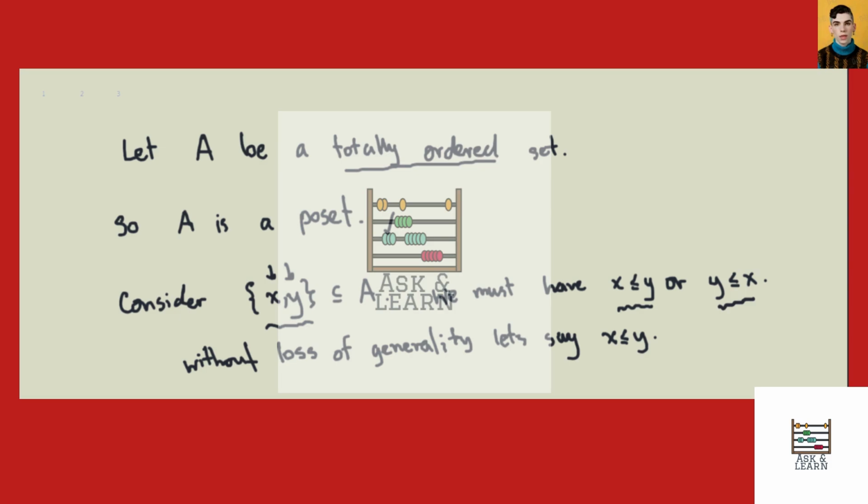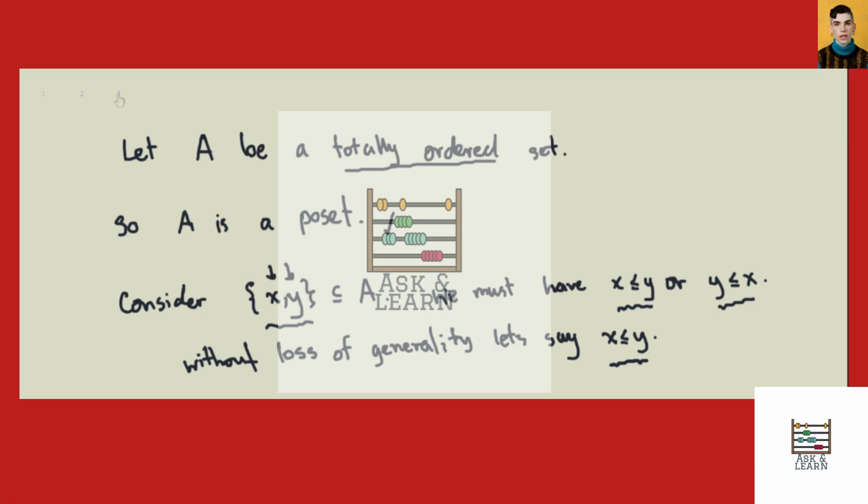Without loss of generality, we can change the names of these two elements so that we have X less than or equal to Y. There is nothing complicated going on. We just label them in such a way that Y is the greater one.